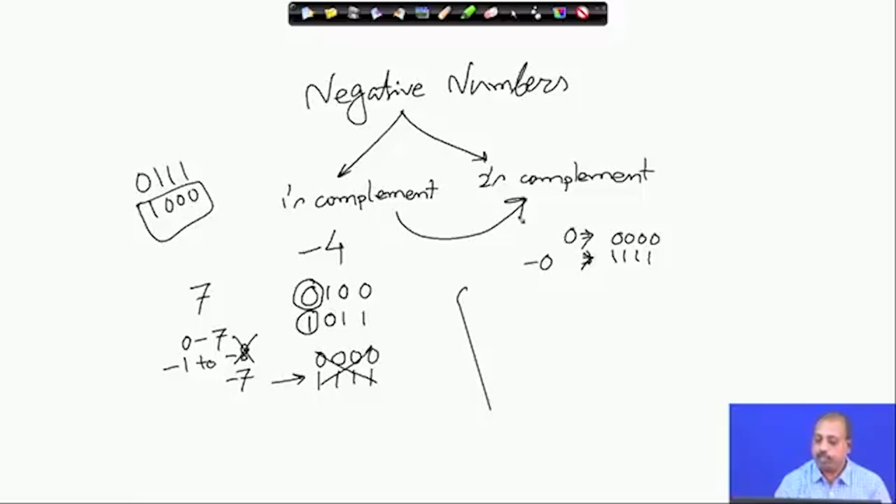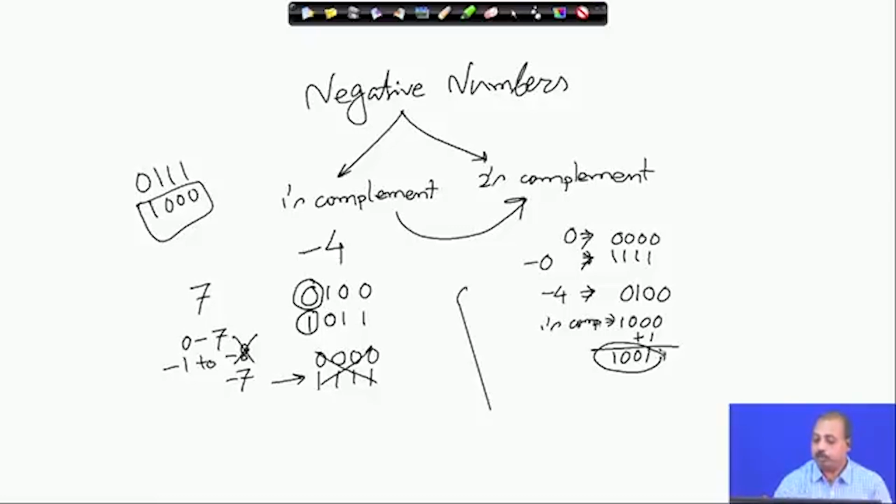To get -4 in 2's complement, first we start with the representation of +4, 0 1 0 0, then we take the 1's complement, which is 1 0 1 1, and then we add a 1 to this. That way it becomes 1 1 0 0. So, this is the 2's complement representation of -4, fine.